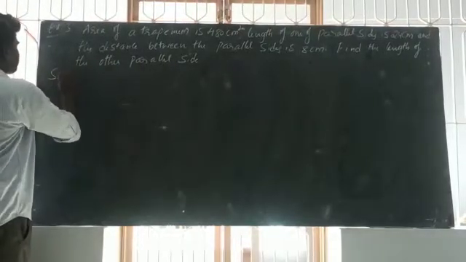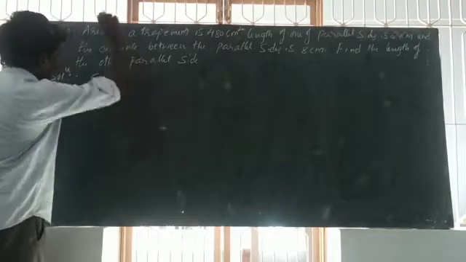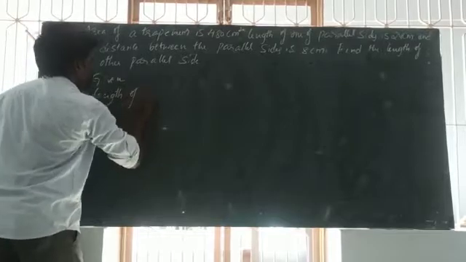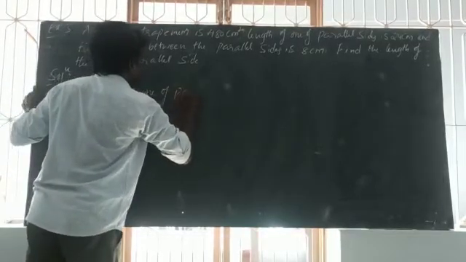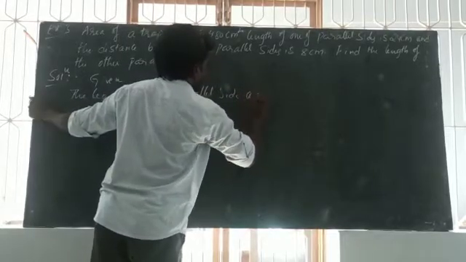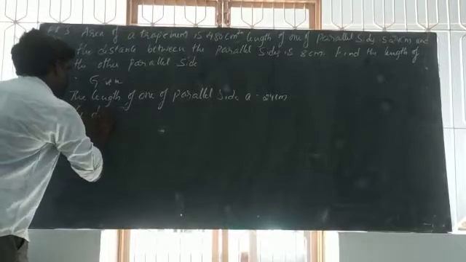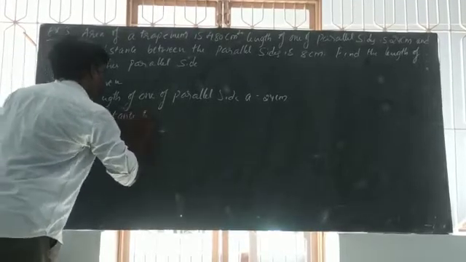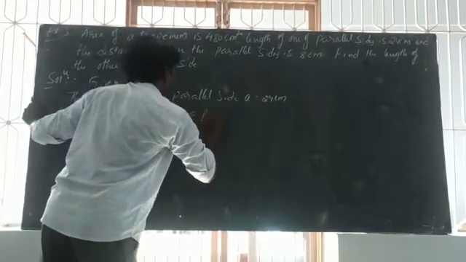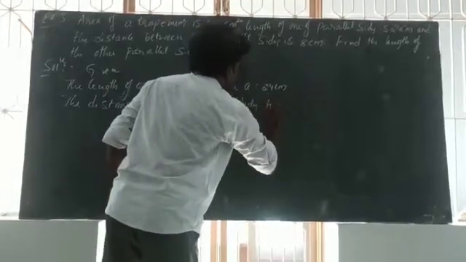First, given the length of one of the parallel sides, let us take that as a is equal to 24 centimeter. The distance between the two parallel sides, let us take that as h.